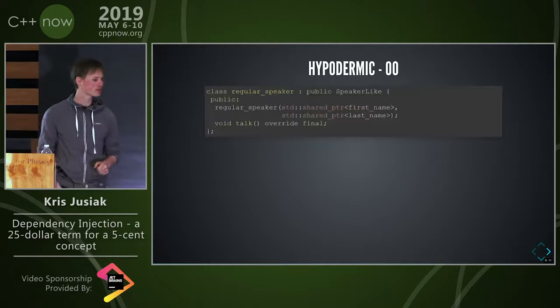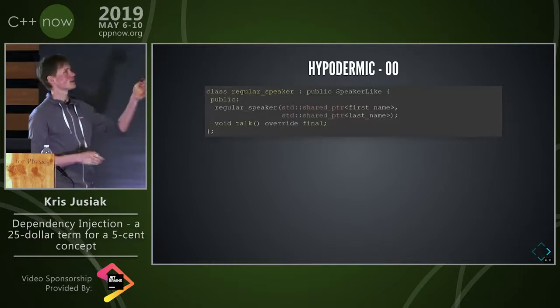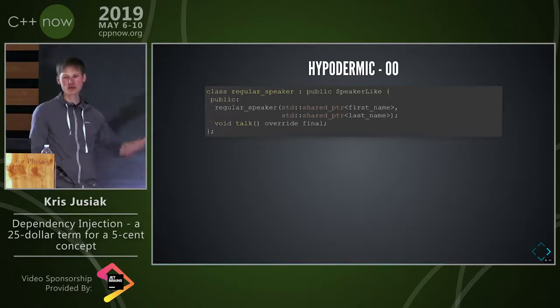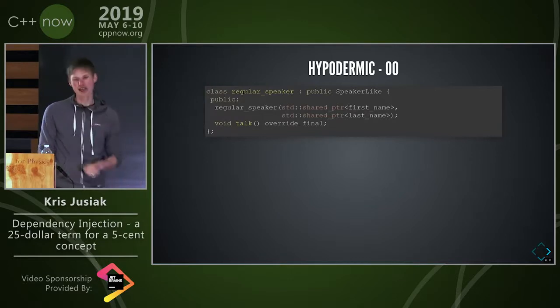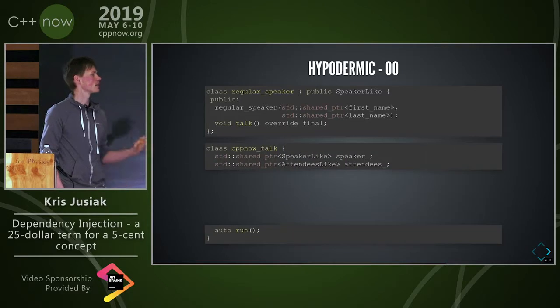So for example, when we have the speaker, that's the implementation of the object-oriented approach with Hyperdynamic. We have to switch to shared pointers because that's the only thing allowed by it. That's not good, but okay, we'll talk about that a bit later.